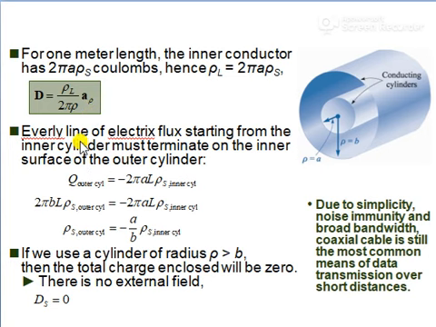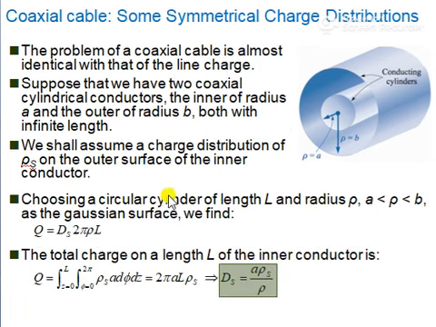Now every line of electric flux that starts from the inner cylinder must terminate on the inner surface of the outer cylinder. So therefore Q of the outer cylinder is minus 2 pi A L rho s of the inner cylinder.